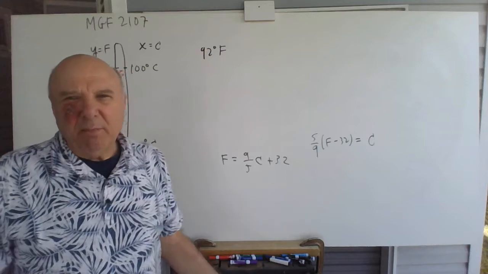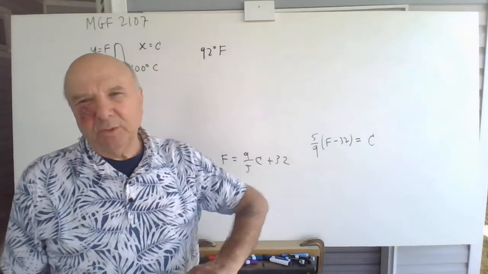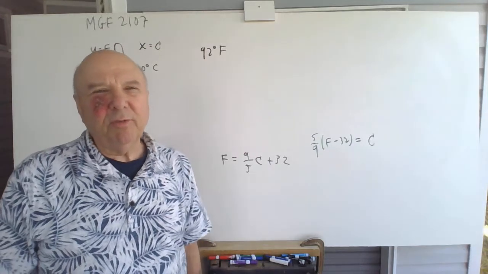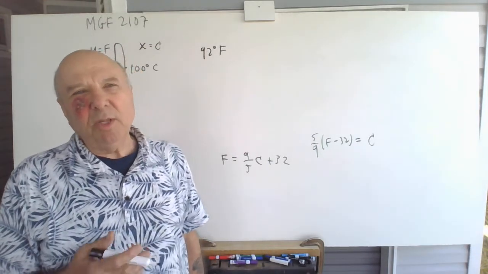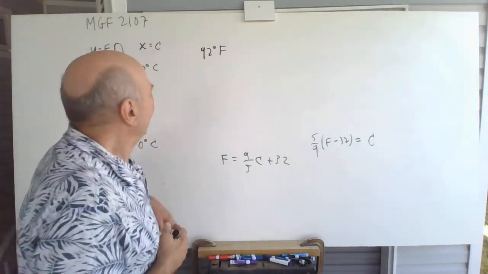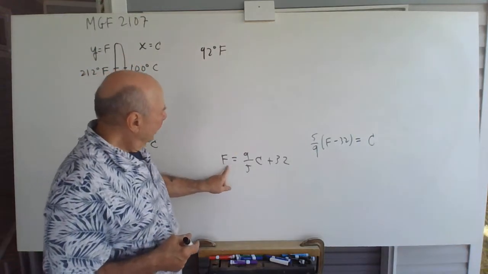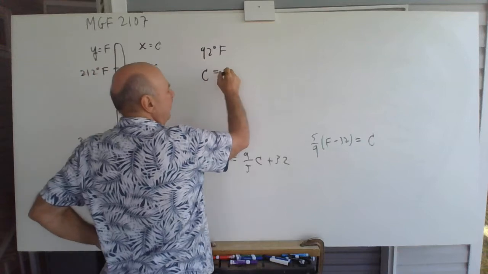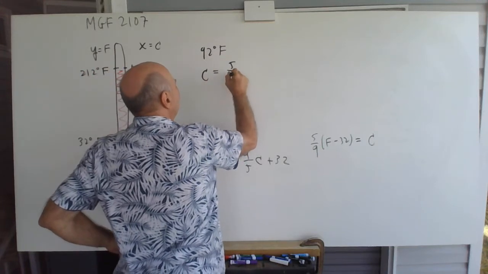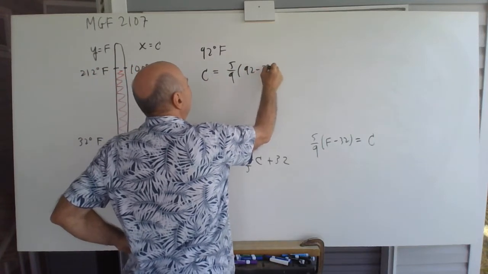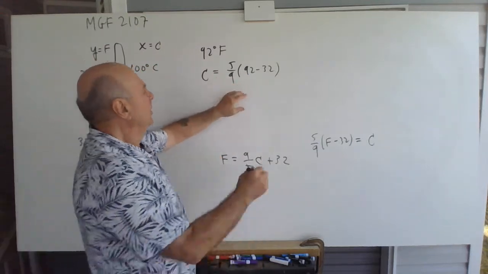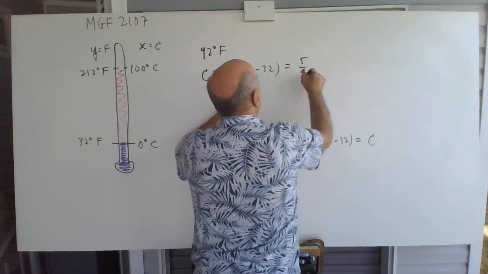Now, if you're driving by a bank, the bank's going to flip the two temperatures, and you're going to know right away. We'll just go to the nearest tenth of a degree either direction. So I want to know what the temperature is in Celsius. So if I have Fahrenheit, then I use this formula. So Celsius is equal to 5/9. I plug in 92 minus 32. So I know the Fahrenheit, I don't know the Celsius. So this is 5/9 of 60.